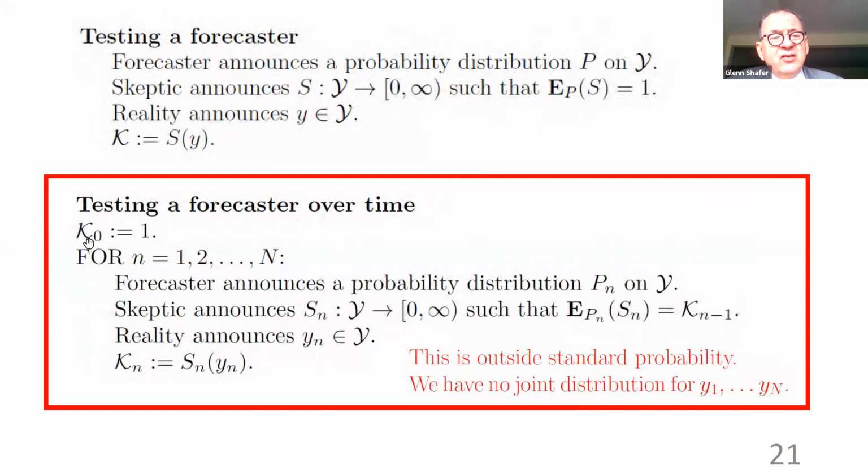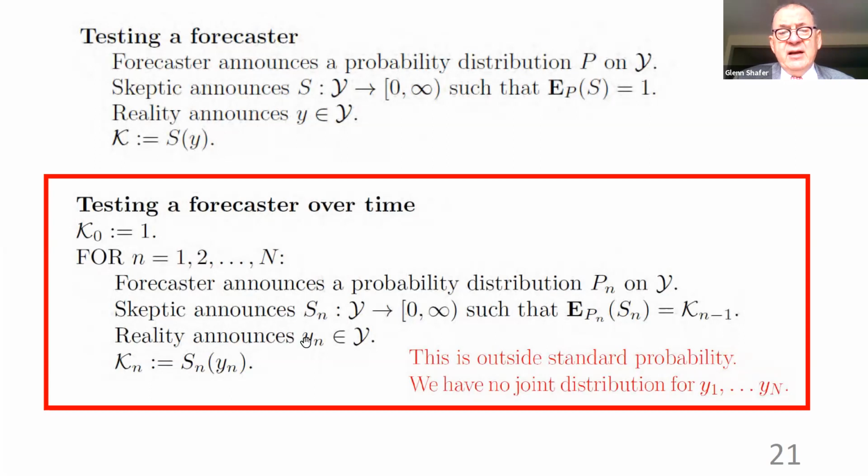Here, I make it explicit that the initial capital is 1. And then we have N steps. Each time the forecaster announces a probability distribution, on the nth round, and his announcement is called P sub n. And then Skeptic announces a bet against that probability distribution.